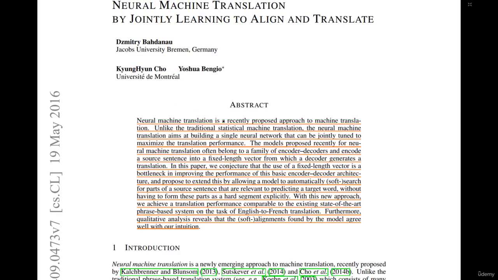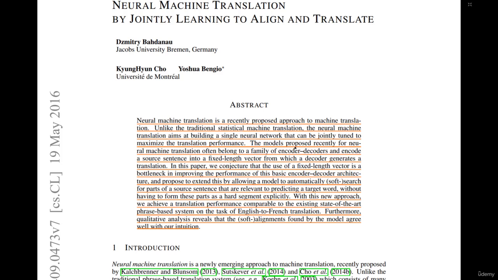Neural machine translation is a recently proposed approach to machine translation. So this is machine translation using neural networks basically. And that's what we saw with the encoder-decoder sequence-to-sequence models. Unlike the traditional statistical machine translation, the neural machine translation aims at building a single neural network that can be jointly tuned to maximize the translation performance.